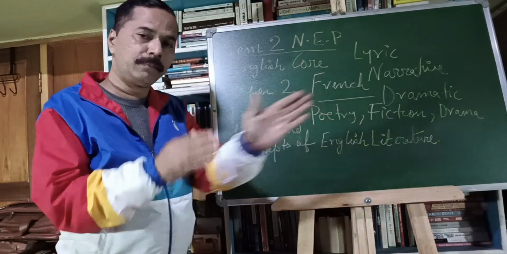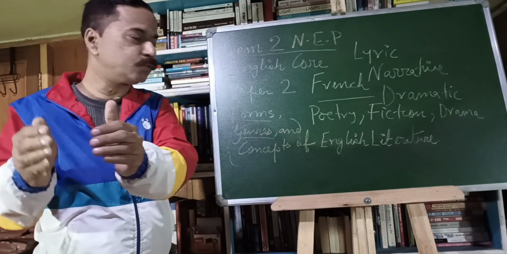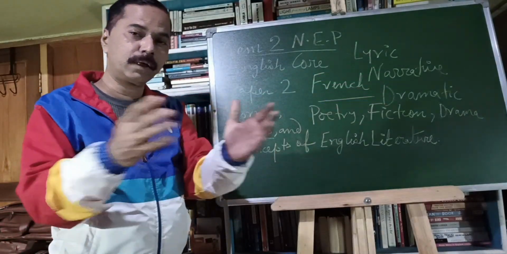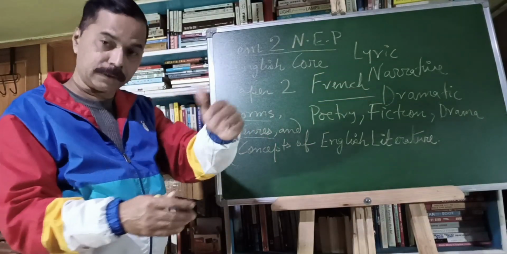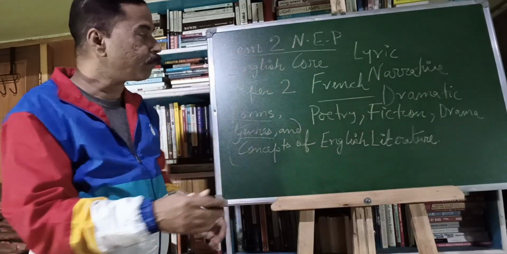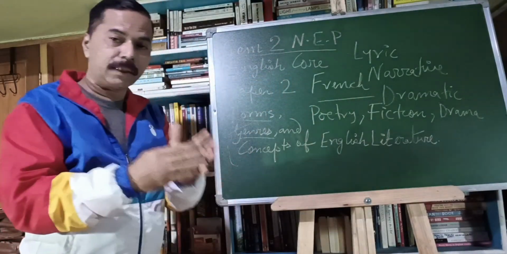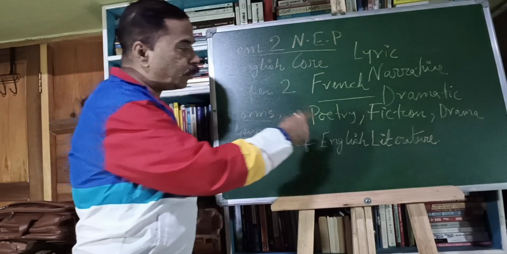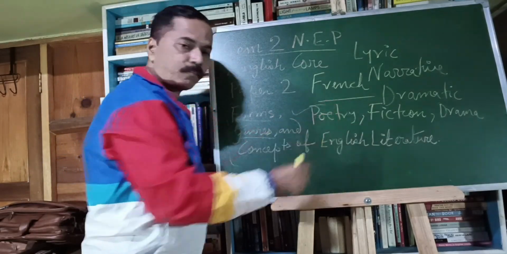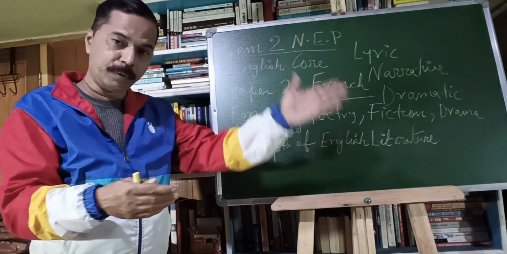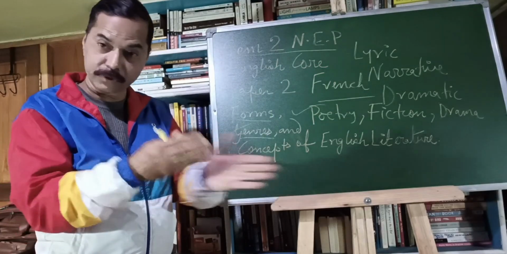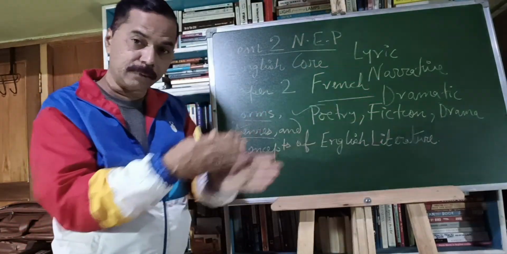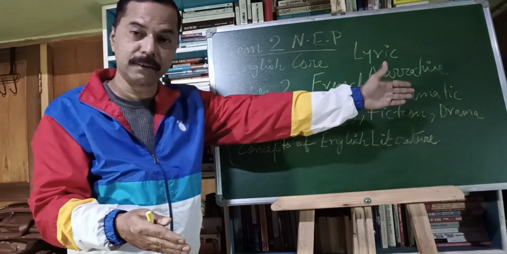Then in the narrative, the narrator speaks and then the characters do the talking. In the dramatic, all the talking is done by the characters. It is an enactment, not a narration. Today the tripartite division is slightly different. It's poetry, fiction, and drama. So your paper also has poetic genres or subgenres, fiction subgenres, short story and the novel, and dramatic subgenres.